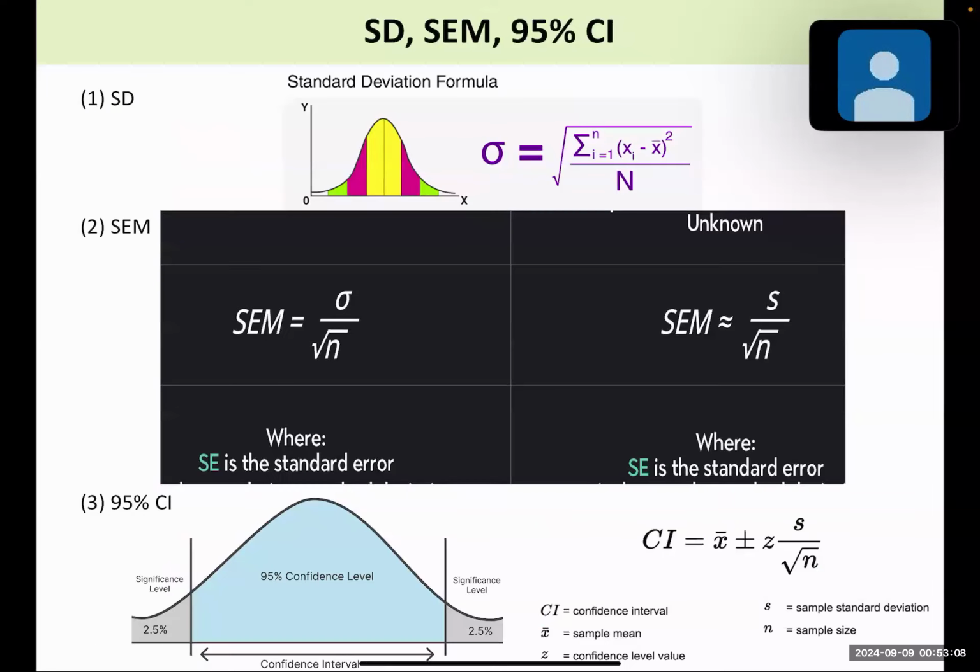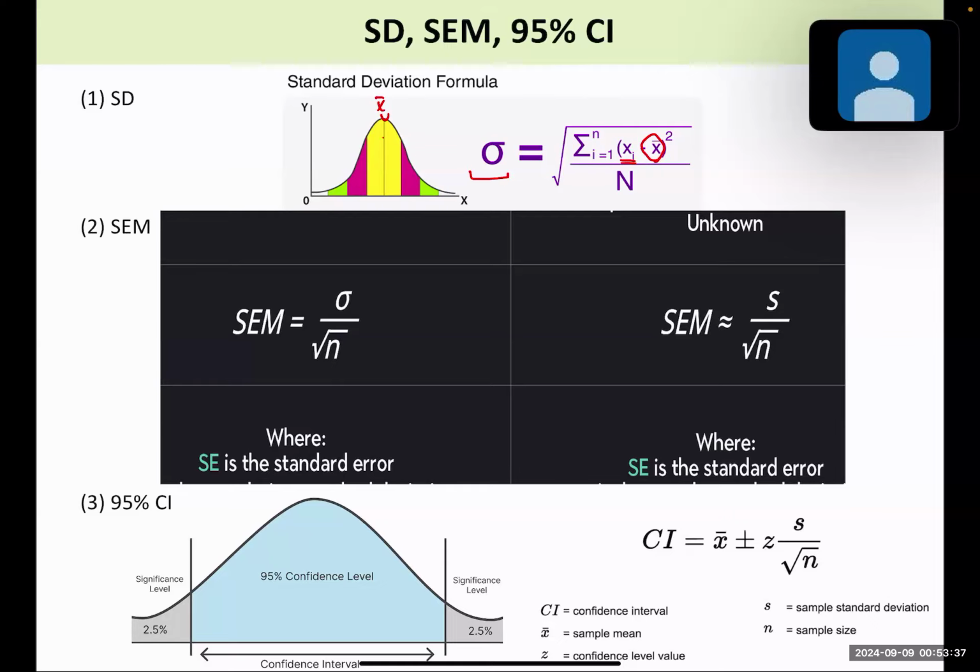So let me explain this in a bit more detail. So standard deviation is called sigma, right? So this can be calculated. Standard deviation basically means the average distance of the samples from the average value, right? So this is the mean value, and then this is the actual measurements.